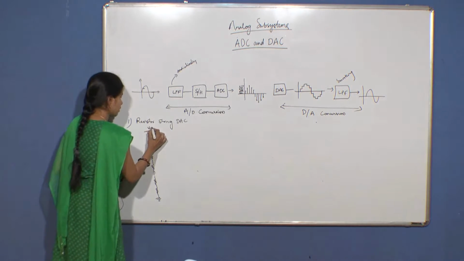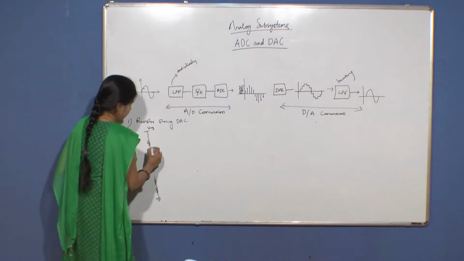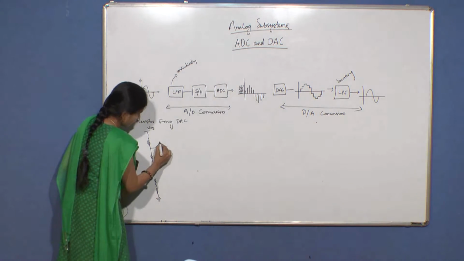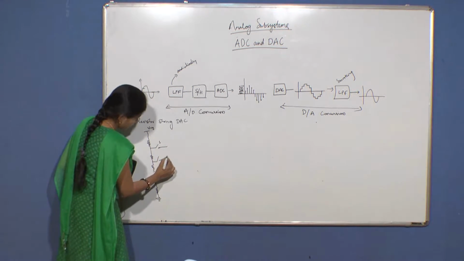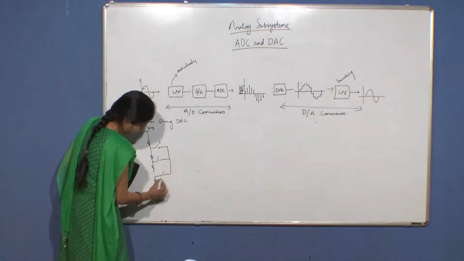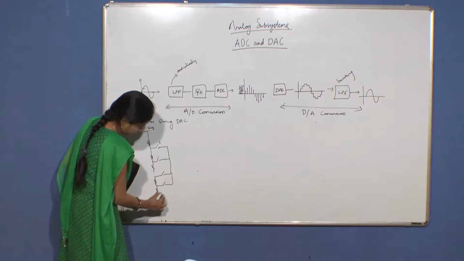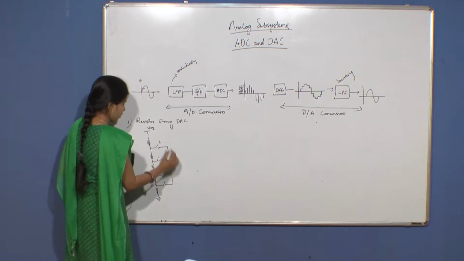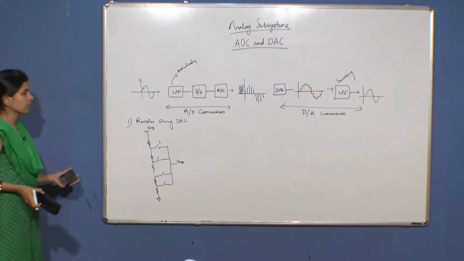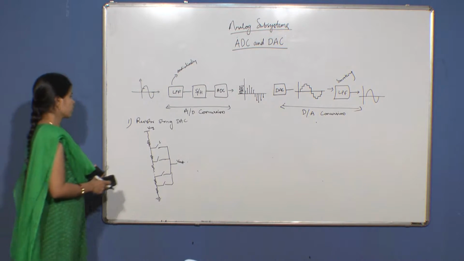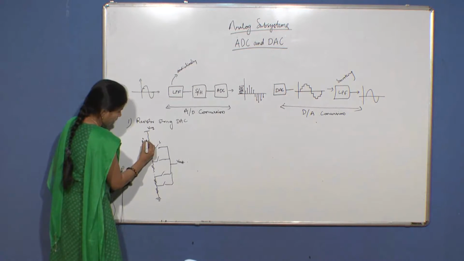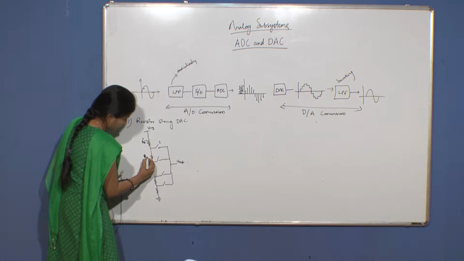You have your V reference here, then you have your switches here, all connected to your output. This is actually the simplest digital to analog converter, which basically needs 2 power n resistors.